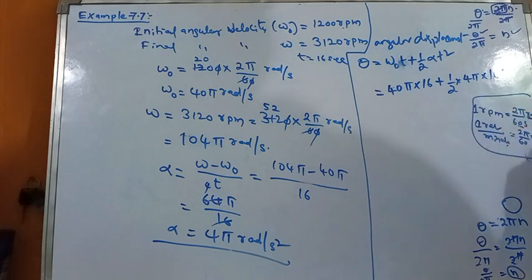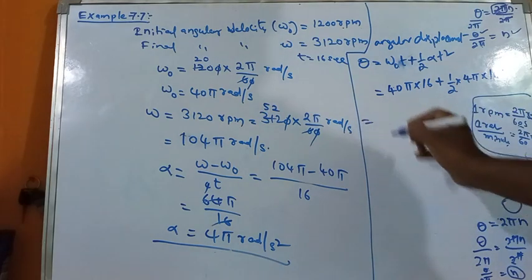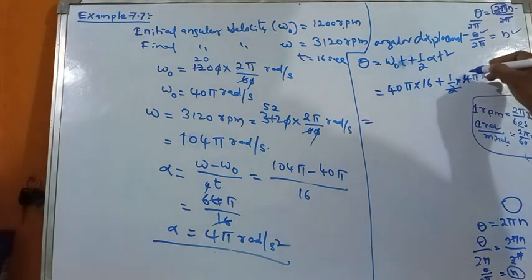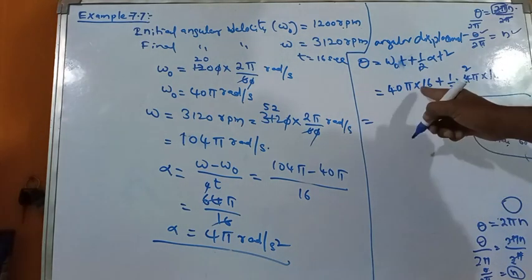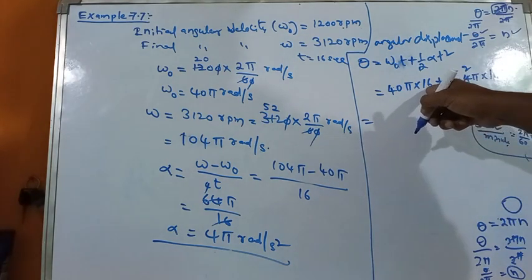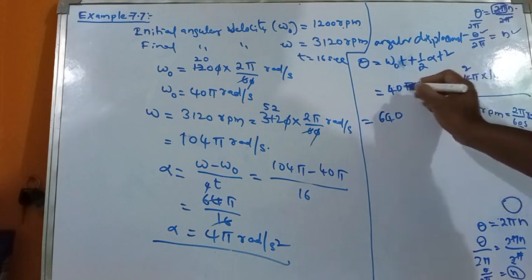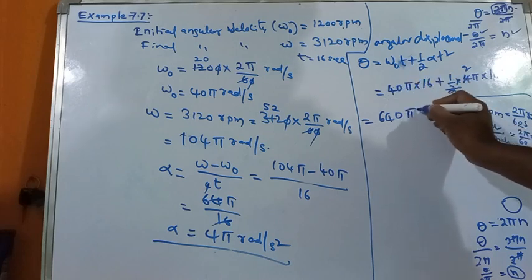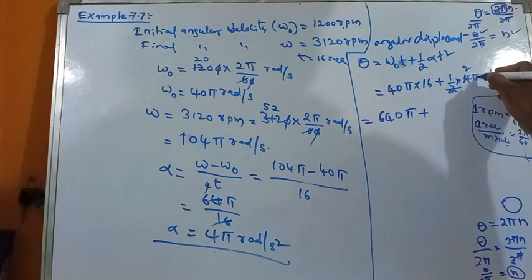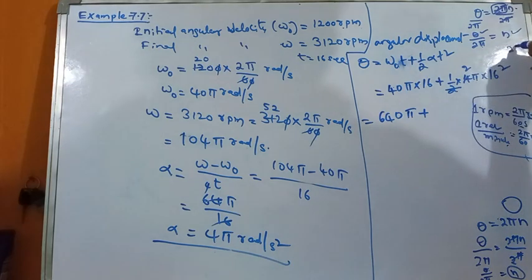Then, 16 4s are 64, and we have a 0, so that is 640 pi, plus this 2 pi. 16 16s are 256, and into 2 that is 512.